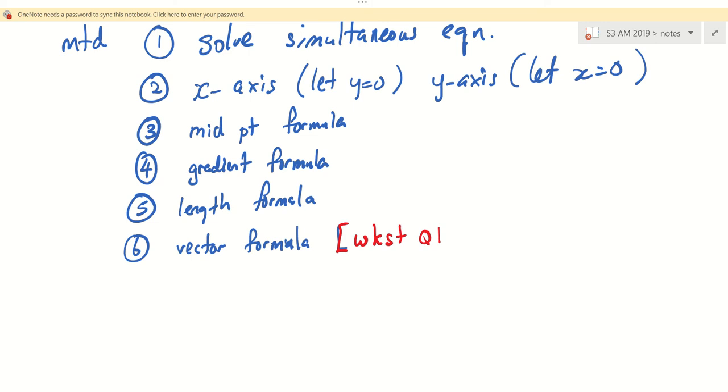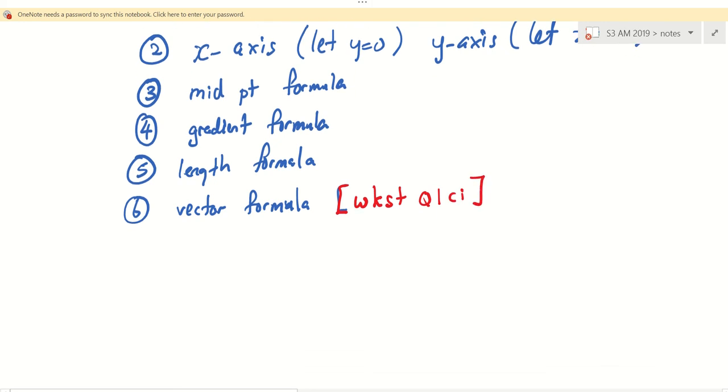Question 1C part 1. Can you share your worksheet with Matthew first? I'm going to copy down the formula, the question, that part that is used, and then I'm going to share with you how it is done.